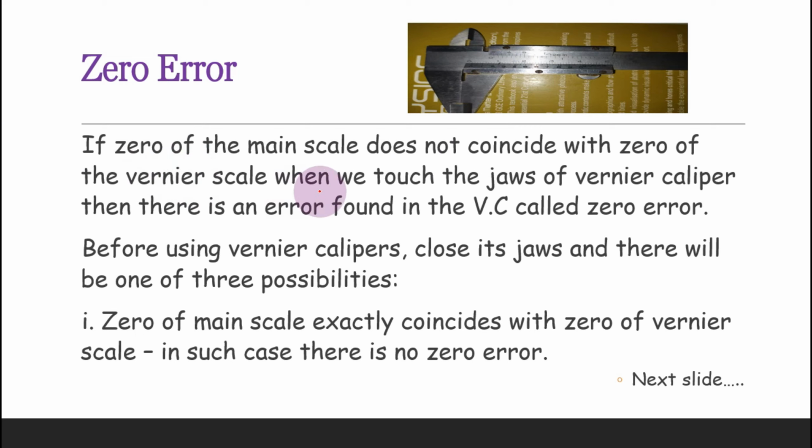So there are three possibilities. Possibility number one: zero of the main scale exactly coincides with the zero of the vernier scale. In such a case, there is no zero error.